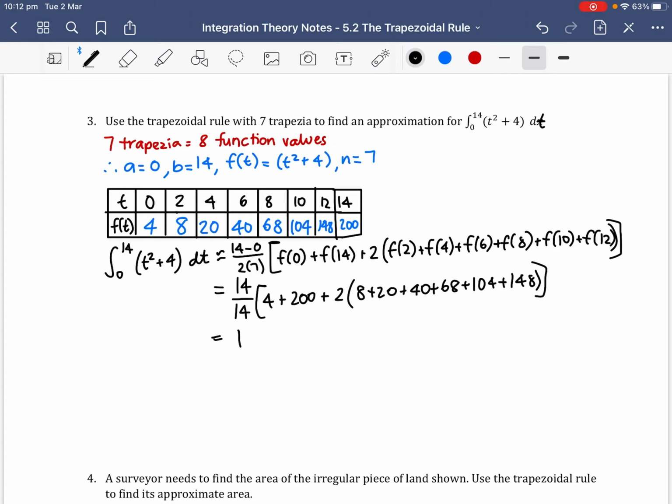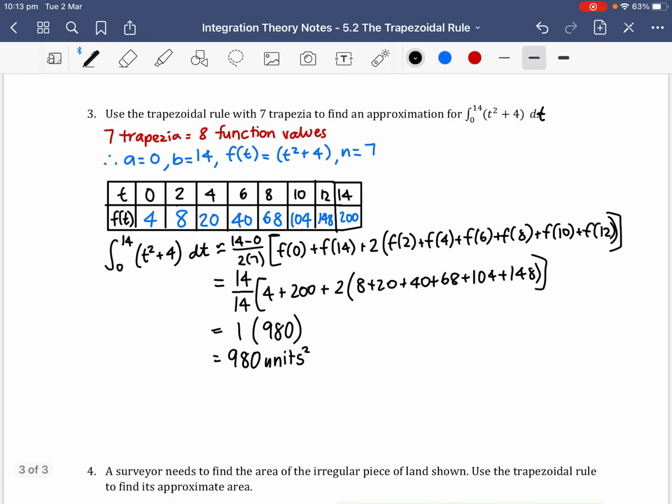So 14 divided by 14 is 1 lot of 4 plus 200 plus 2 lots of 8 plus 20 plus 40 plus 68 plus 104 plus 148 is 980. So this will equal 980 units squared.